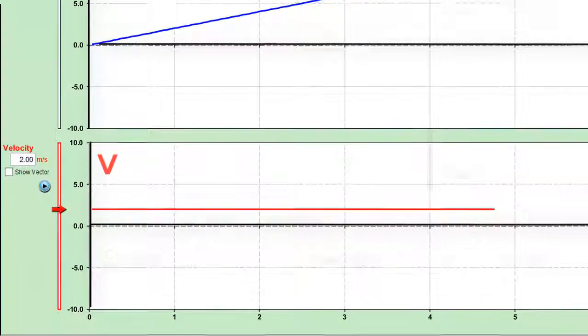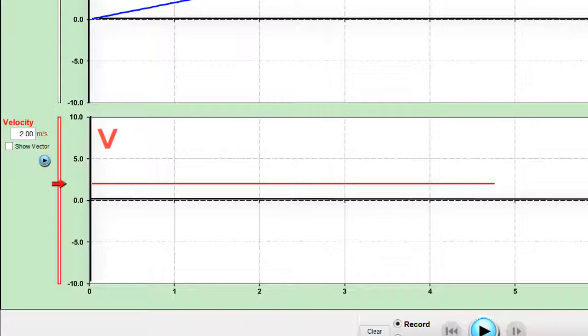If we look at the red graph, we can get some further information. Over the 4 seconds of our experiment, the velocity was steady at 2 meters per second. Now if we take our equation and rearrange it like this, we can see that the displacement is equal to the velocity multiplied by the time, or 2 times 4 in this case, which is 8 meters, which is, of course, the displacement we discovered earlier.